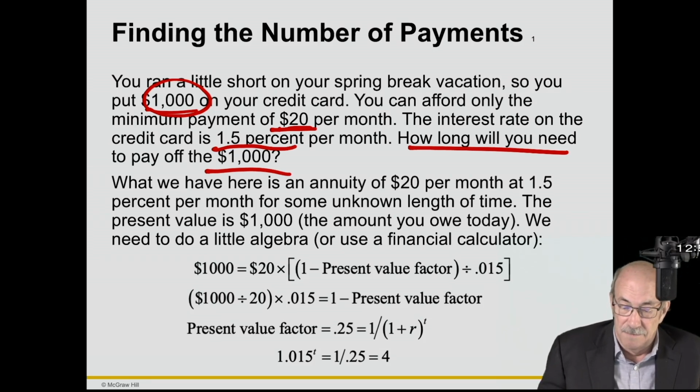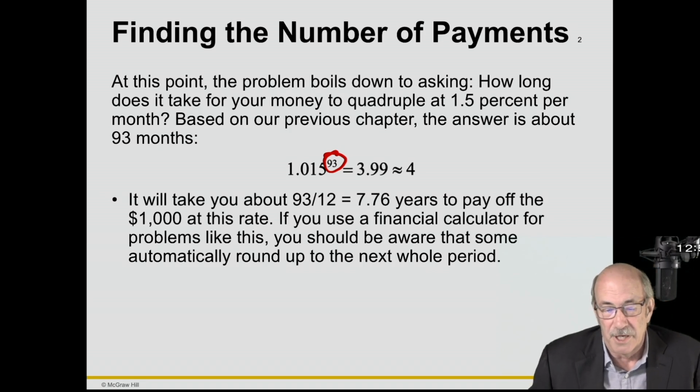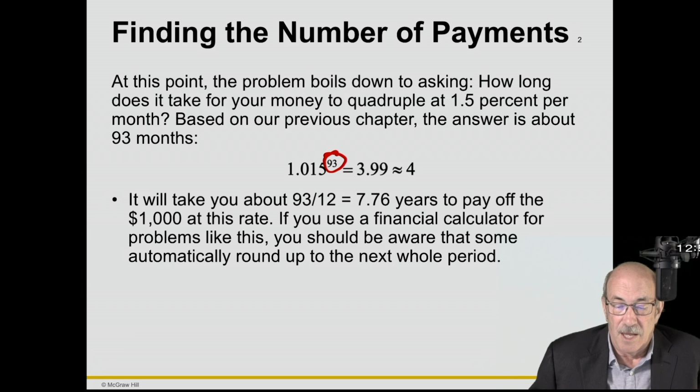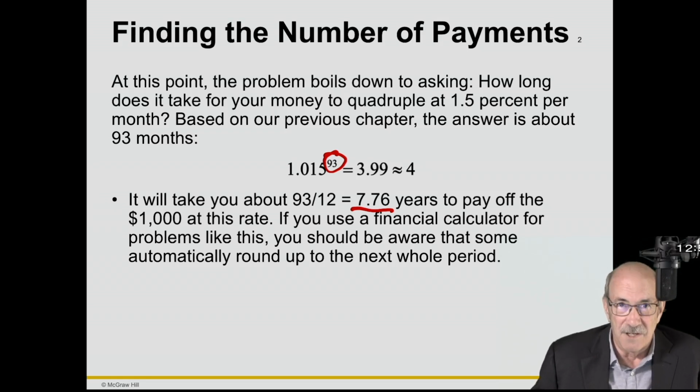All right, well, we can get our present value factor here, 4, and we can plug that in and solve for a t up here. Actually, we're just doing it by trial and error basis. And we come up with a t of 93 months. That is 7 3/4 years. 7 3/4 years to pay off $1,000.